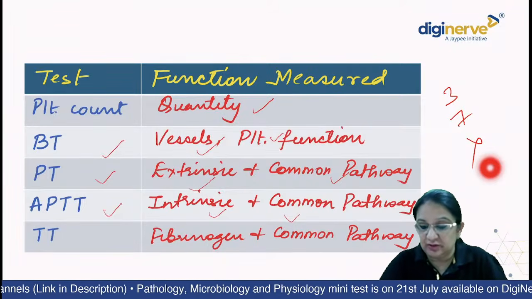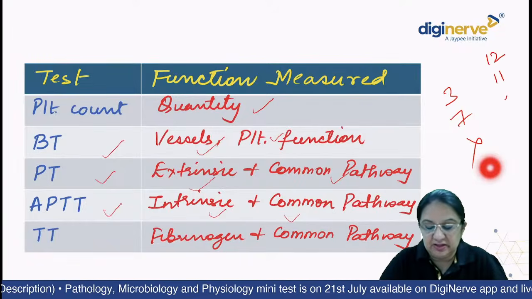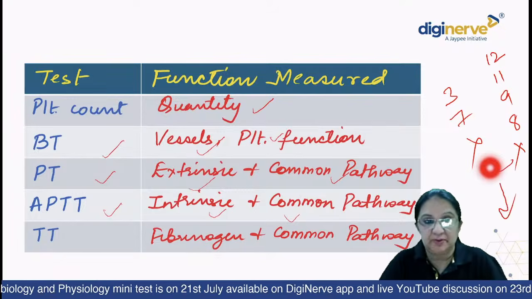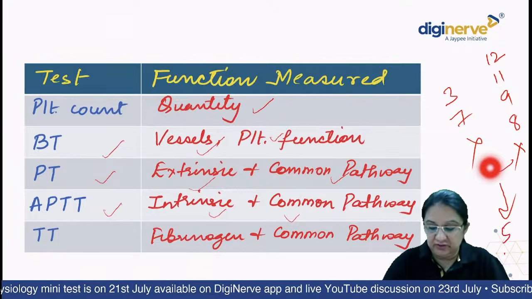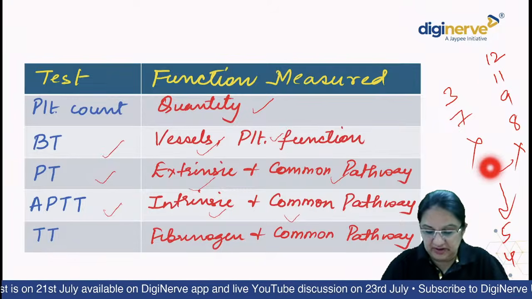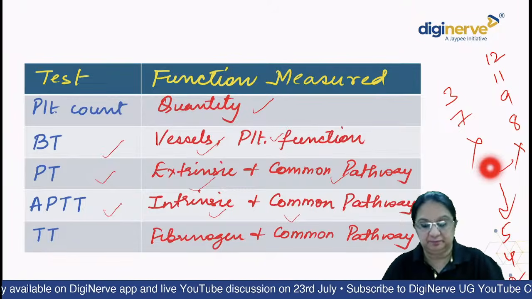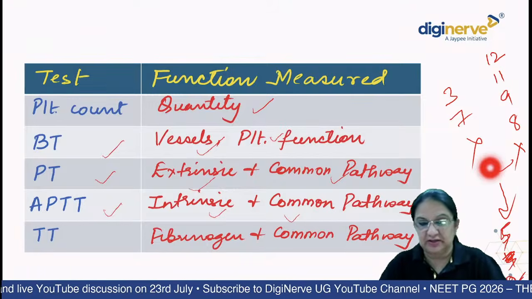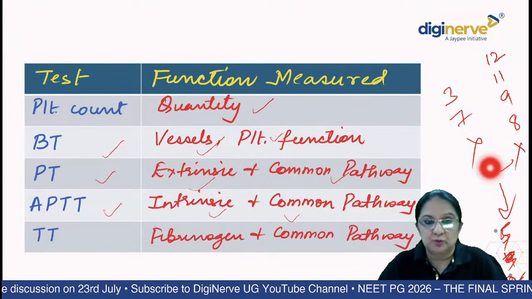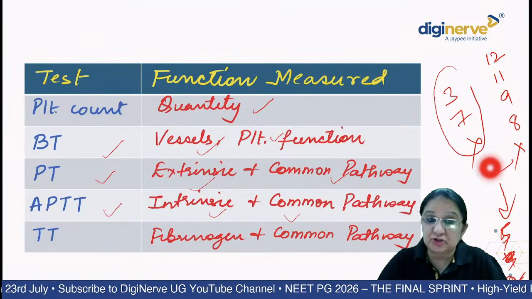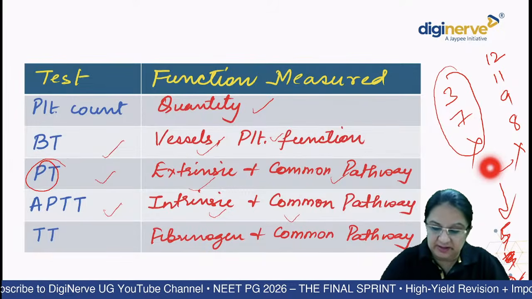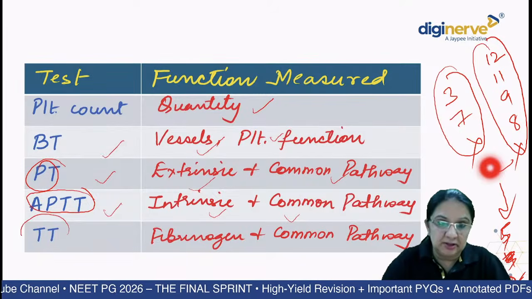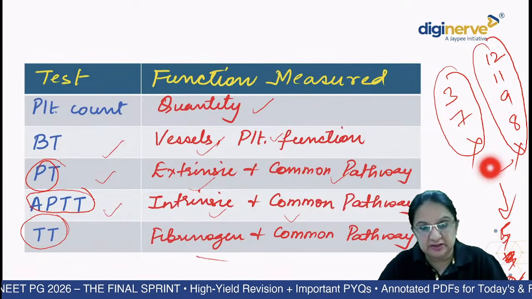What were the factors involved in intrinsic? 12, 11, 9, 8, and then 10. All of them leading to the common pathway: 10, 5, 2, and 1. Sorry, 4 is not there. So, extrinsic, shorter pathway, shorter name. Intrinsic, longer pathway, longer name. Then thrombin time is for fibrinogen and the common pathway.